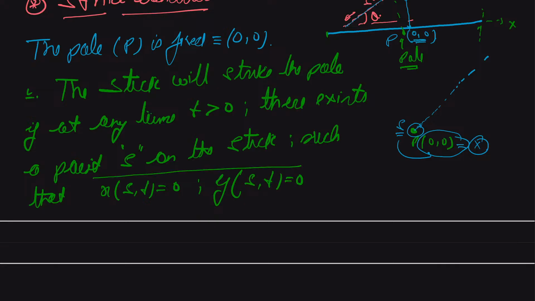So if this condition is satisfied, the stick is going to touch our pole. That's the basic idea.